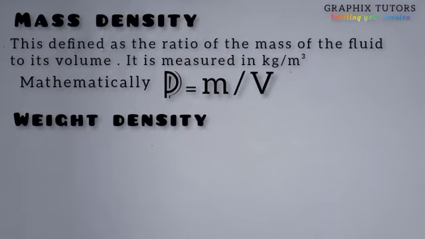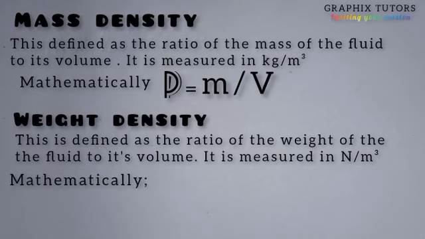It is measured in Newton per meter cube. Mathematically, we say the specific weight or the weight density is given as the weight over the volume, both in capital letters.